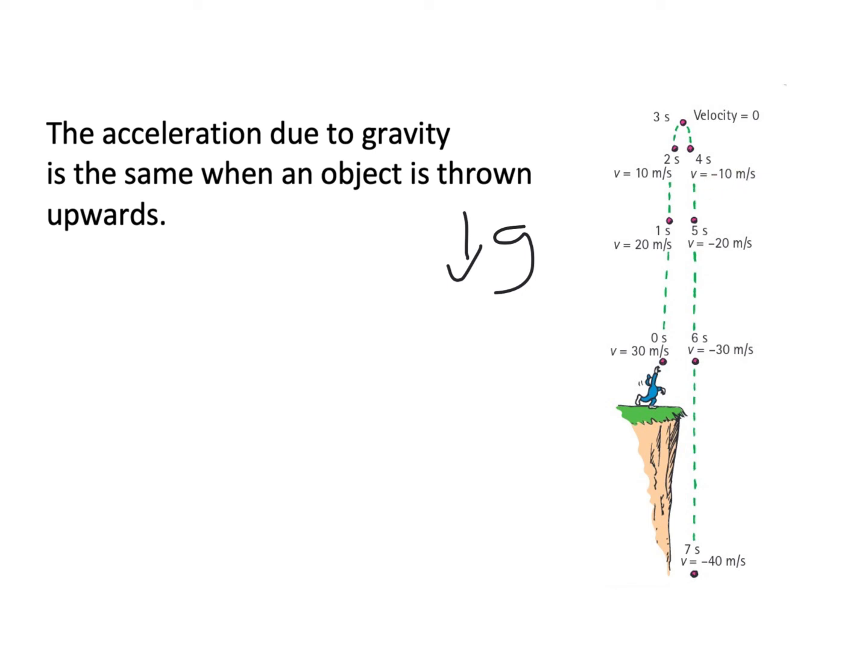In other words, 10 meters per second downward. At 5 seconds, it's got another 10 meter per second velocity change, leaving it at 20 meters per second. And then another 10 meter per second velocity change, it's going 30 meters per second. Again, that negative means it's going down. 40 meters per second in the negative direction, and so on.